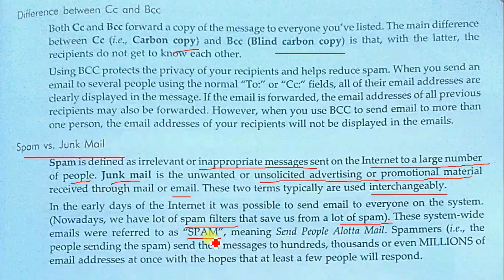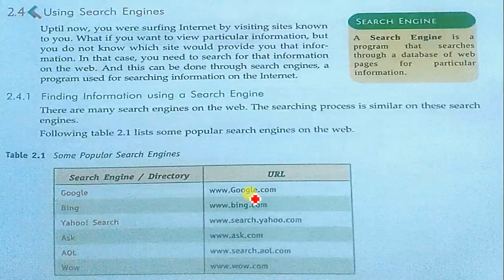The full form of SPAM means send people a lot of mail, meaning bulk mail. Spammers, the people sending the spam, send their message to hundreds, thousands, or even millions of email addresses at once, with the hope that at least a few people will respond.